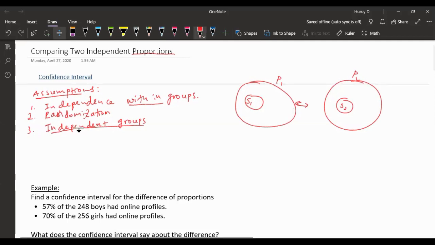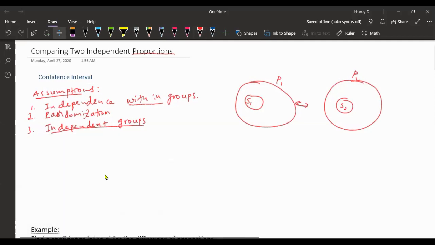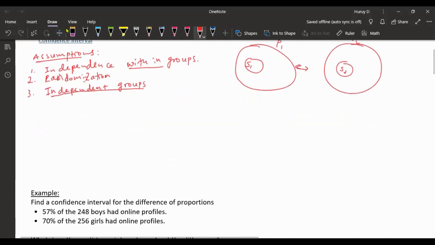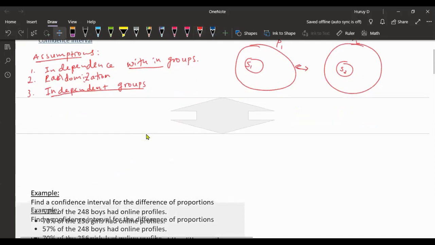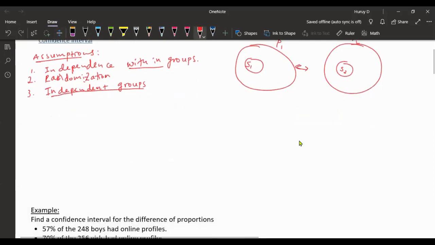Now, suppose the assumptions are met. The next question is: what is the sampling distribution of the difference?